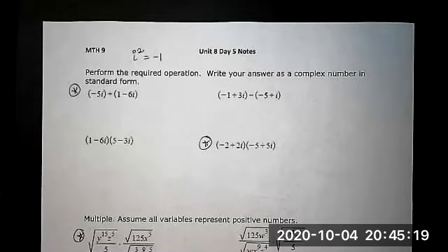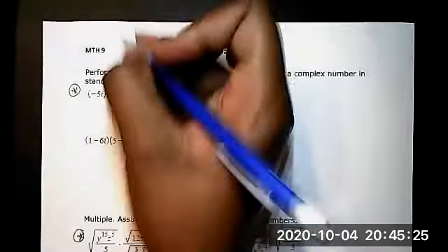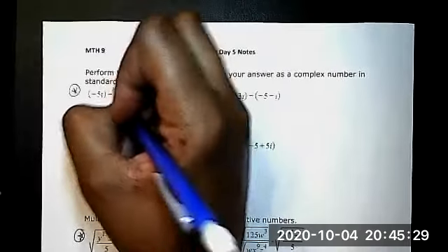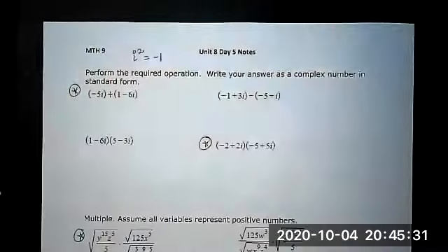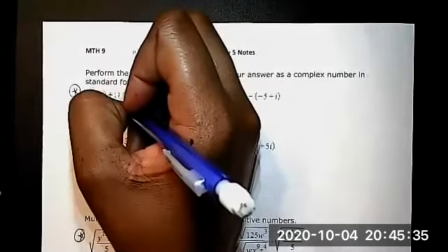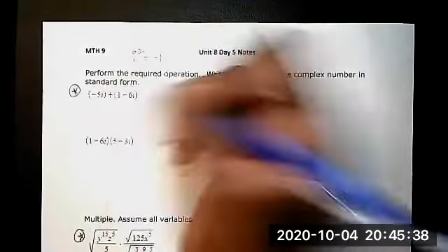For this situation right here, you're combining like terms. I is like a variable; you handle it just like you handle a variable, like if this was A or something. So this is a plus actually. On the paper it looks like a negative, but it's a plus. So we have negative 5I plus 1 minus 6I.